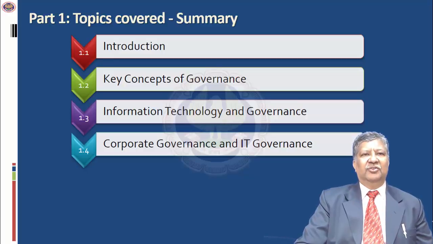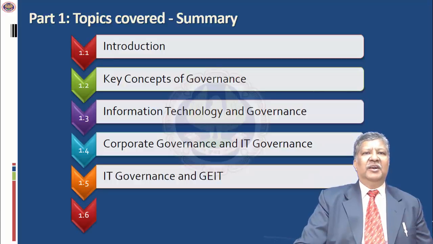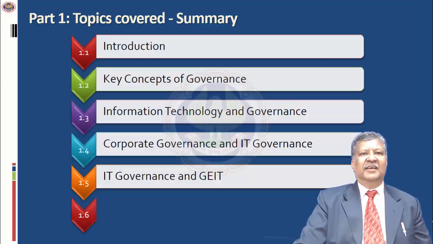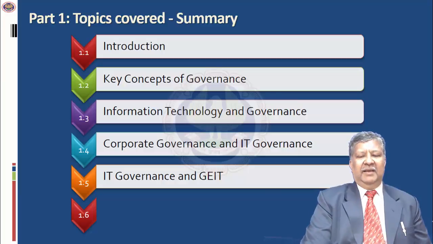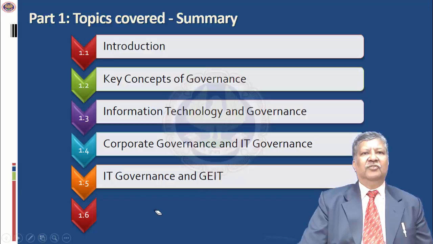In modern enterprises, where IT has become integral for survival, which means if you remove IT, the enterprise ceases to exist, the board of directors have not just to direct and control how the enterprise achieves its business objectives, they also need to direct and control how information technology is used strategically for achieving the enterprise objectives. And this is what is provided by GEIT, Governance of Enterprise Information Technology.